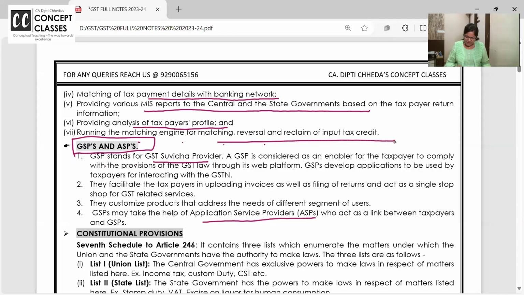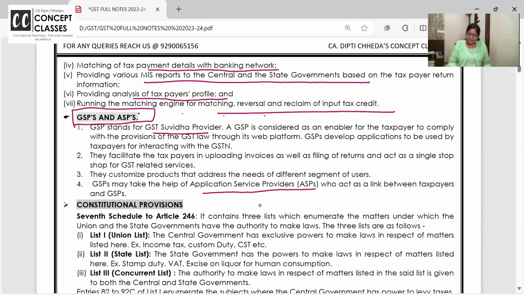What are their names, dear students? Look, GST Suvidha providers. It is considered an enabler for taxpayers to comply with the provisions of GST through its web platform. GSPs develop applications to be used by taxpayers. They facilitate taxpayers in uploading invoices, filing returns, and single stop services, right?